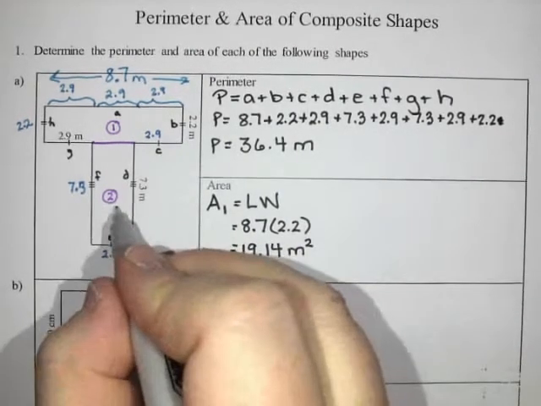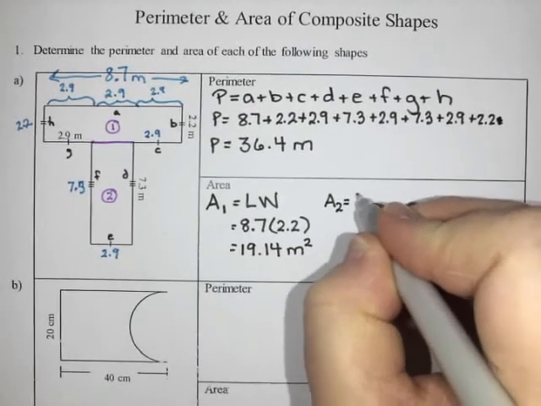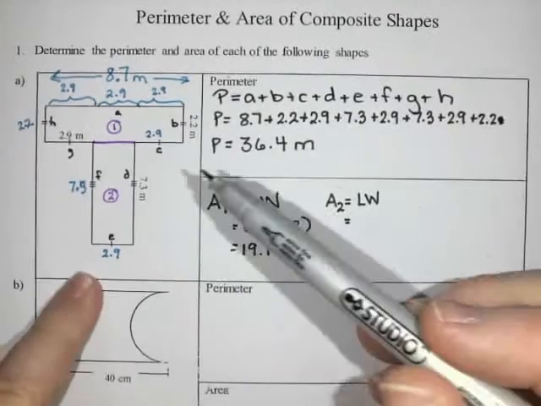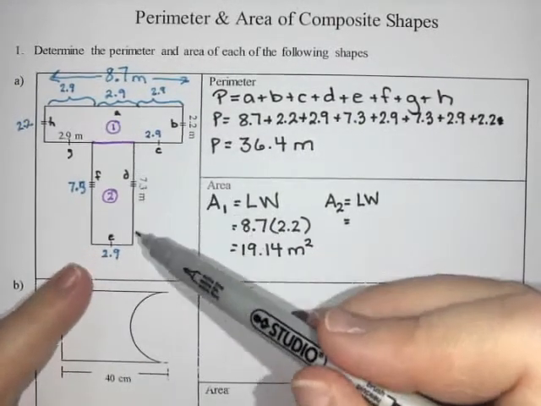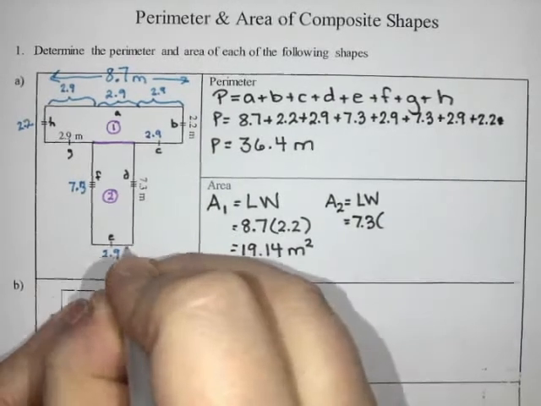The second rectangle, I'm going to call area 2. It is also a rectangle, so it's length times width. The length of this one, the longer side, I believe is 7.3, and the width is 2.9.